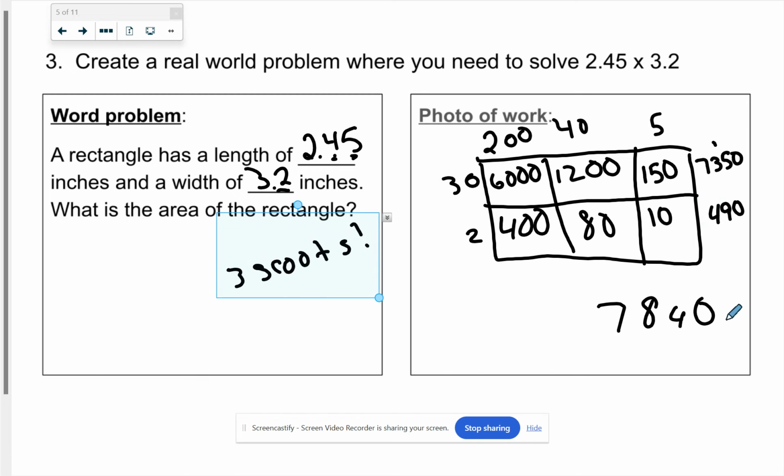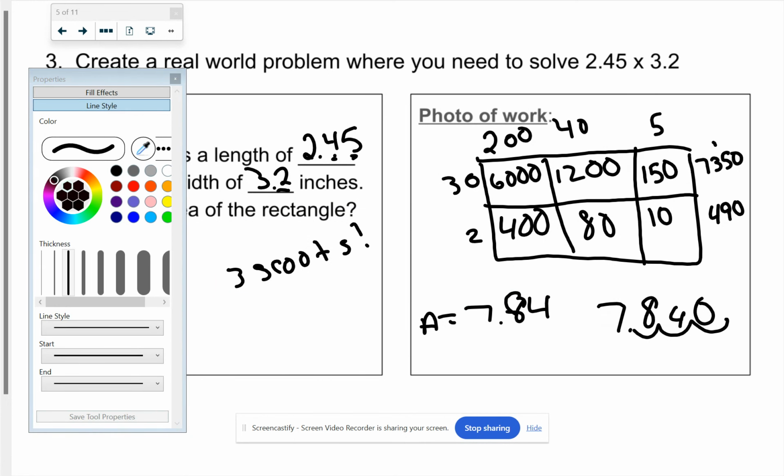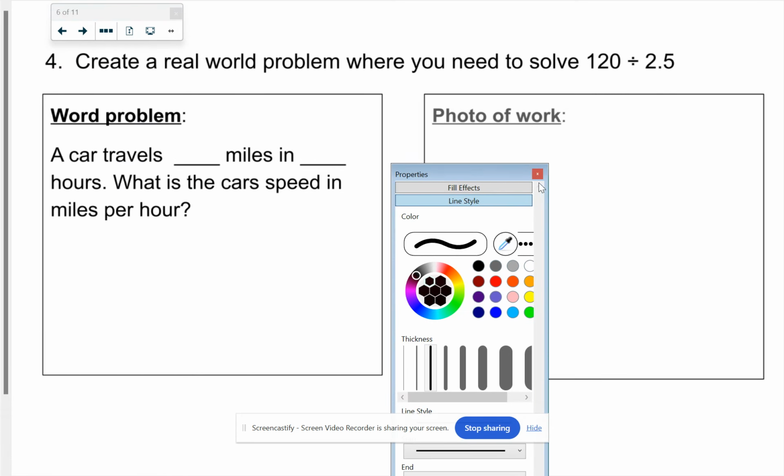So let's start at the end. 1, 2, 3. So the area is 7 and 84 hundredths. Sorry about that. We don't need to put the 0 at the end because 84 hundredths and 840 thousandths are the same. All right, let's keep going. How do I get rid of this? There we go.